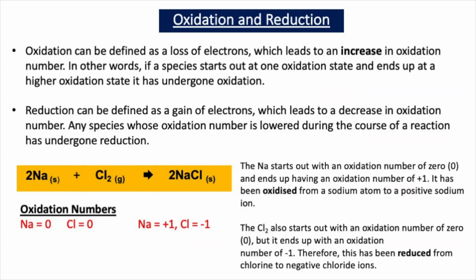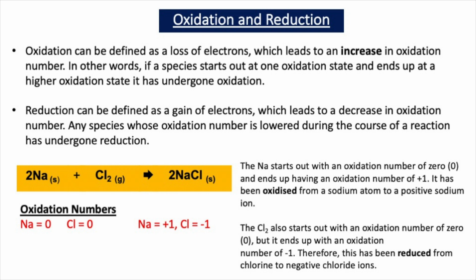So now that we understand the term oxidation number and how to calculate the oxidation number, we're now going to look at the meaning of the terms oxidation and reduction. At GCSE, we mainly use the term oxidation to describe a gain of oxygen. However, at AS and A level, the term oxidation is nearly always used to describe a loss of electrons.